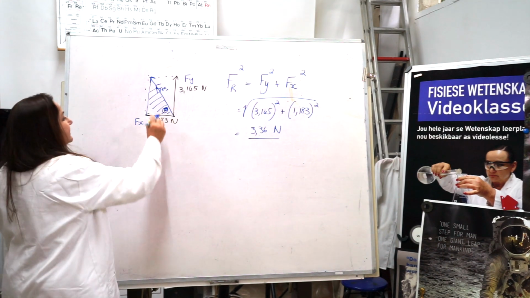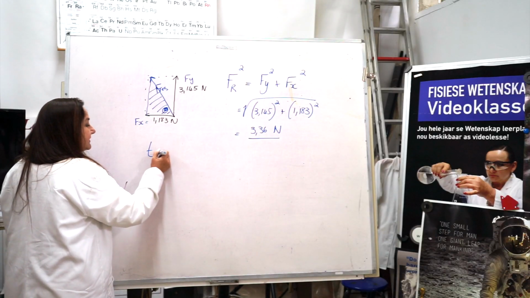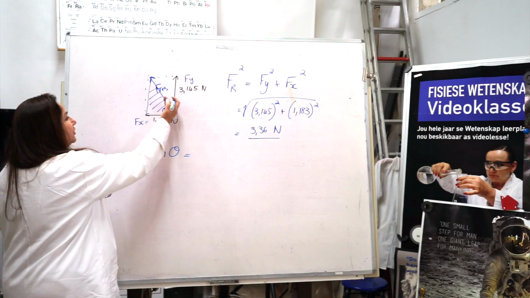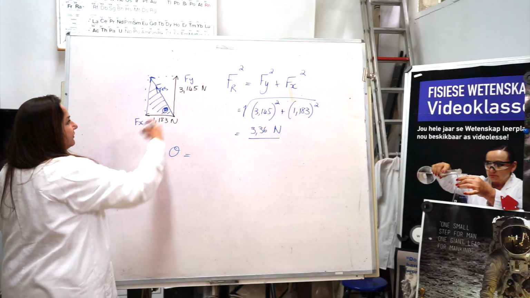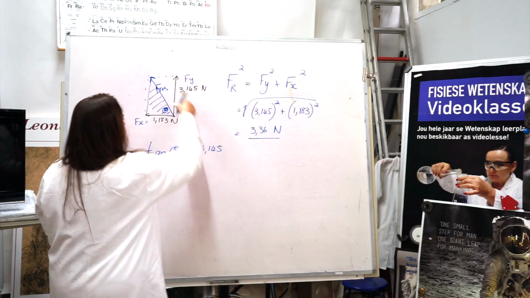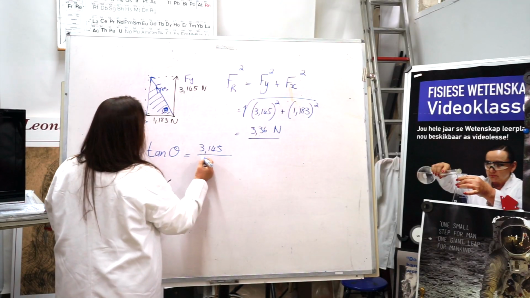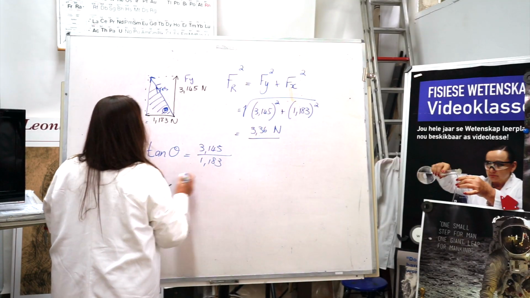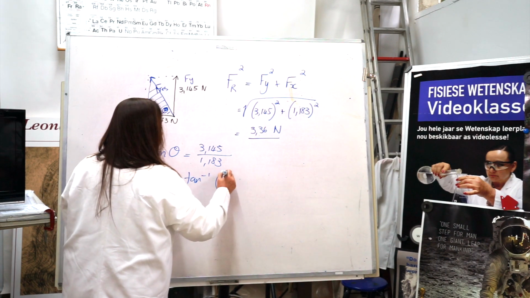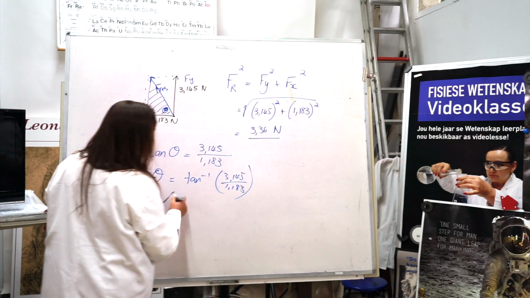So I know that I've got the x and the y, so what I'm going to use is tan theta to get theta, my angle, which will be the opposite side over the adjacent side. So it will be 3.145 over 1.183. You don't have to show this.